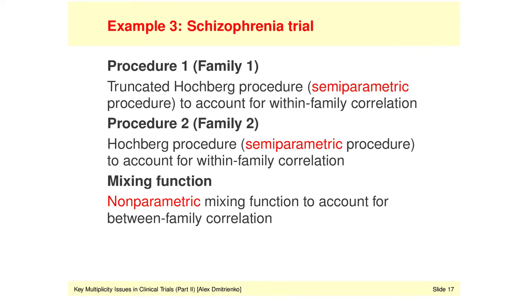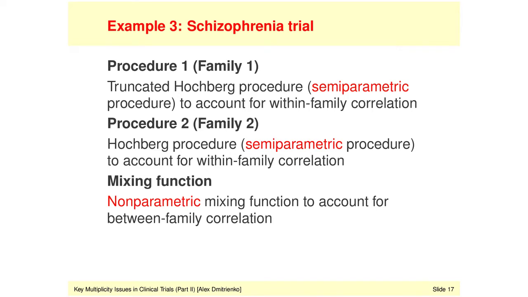Yes, we can always estimate that correlation coefficient from relevant historical data, but the true correlation, and that's the most important point here, remains unknown to us. By contrast, the joint distribution of the hypothesis test statistics within each family is known at the design time.